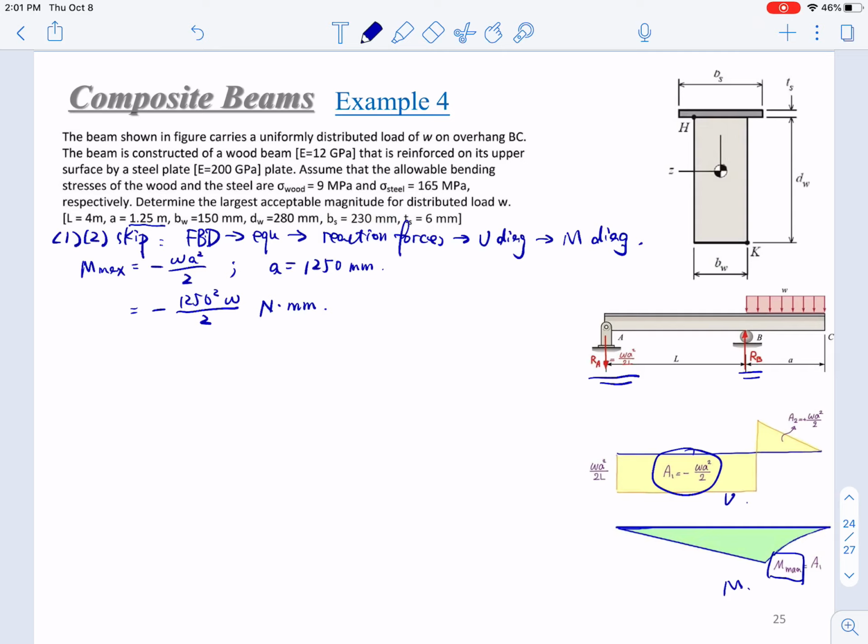Okay, so the third step, we will transform the wood into steel. The steel part will not be changed, but the wood will become much thinner.